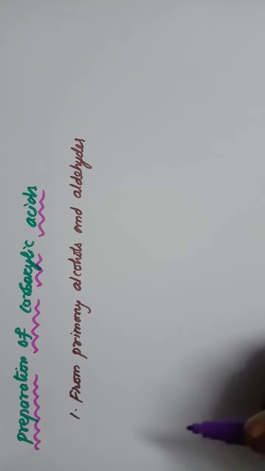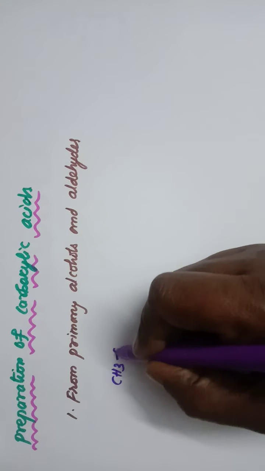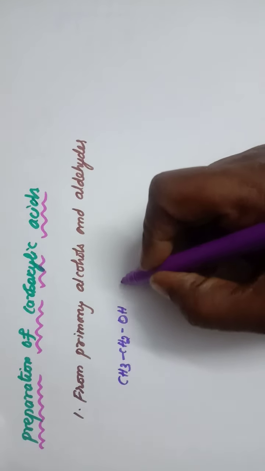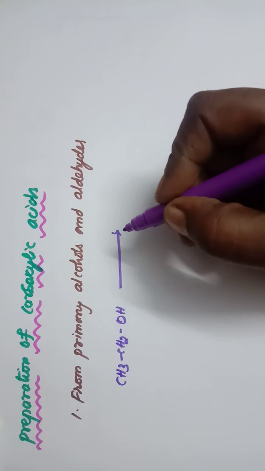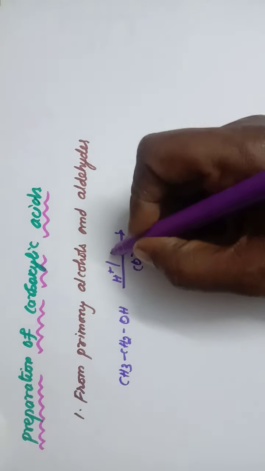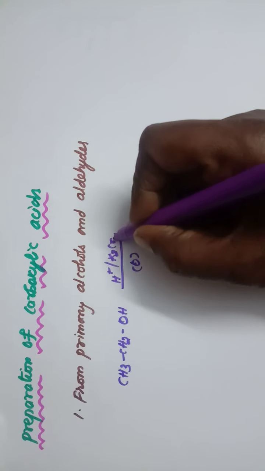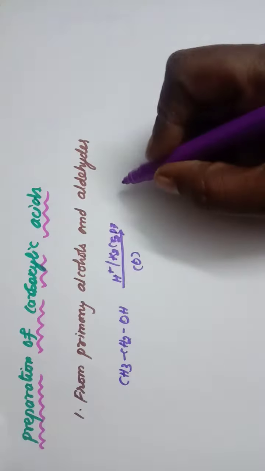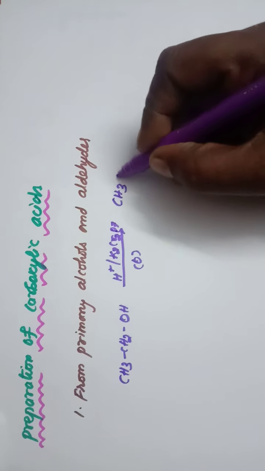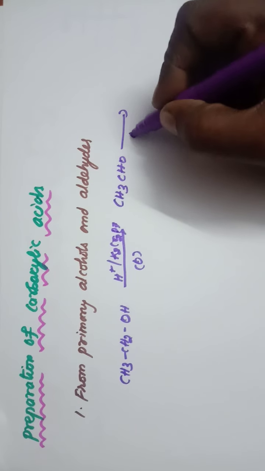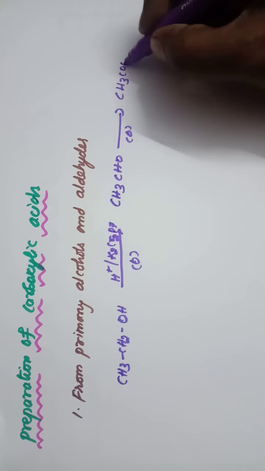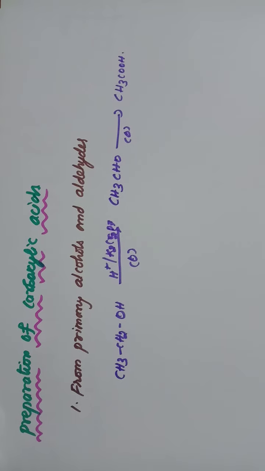For example, ethyl alcohol CH3CH2OH, when it undergoes oxidation in acidic medium, K2Cr2O7, potassium dichromate, acts as the oxidizing agent. First it is converted into acetaldehyde. Further oxidation gives acetic acid, CH3COOH. This is the first method of preparation.